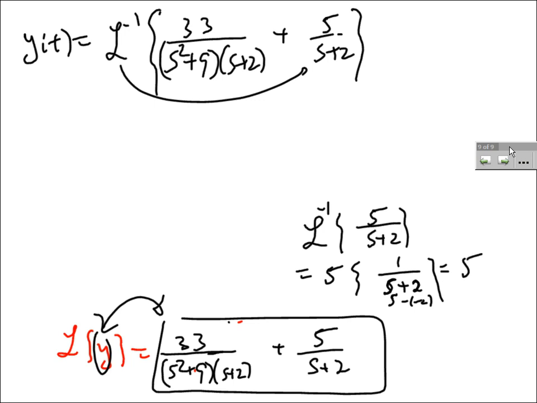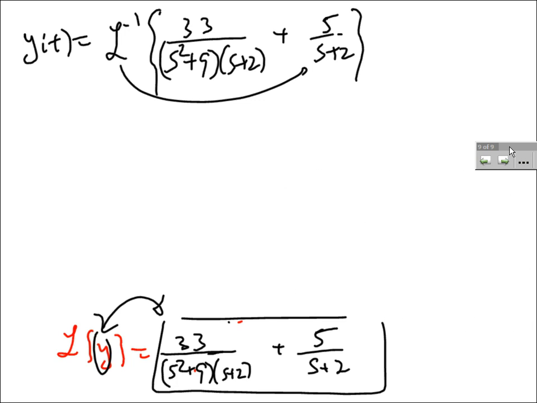So we have the 5 in front, and the inverse Laplace transformation of that will be e to the negative 2t. So it's 5e to the negative 2t. So that's an easy one. The first one is going to be the one that's a little bit difficult.